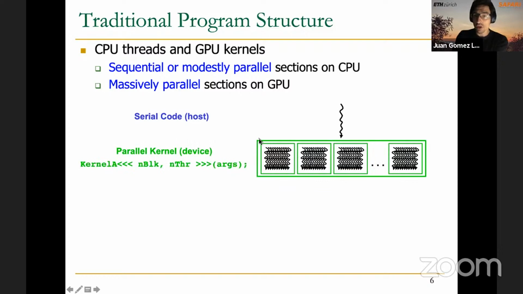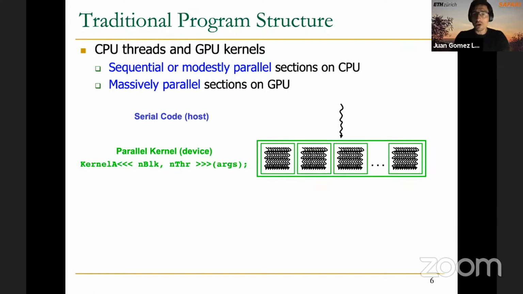And at some point, this main thread will launch one kernel to execute on the device. And this kernel usually will have many more threads, typically thousands or even millions of threads. And we group these threads in some way.